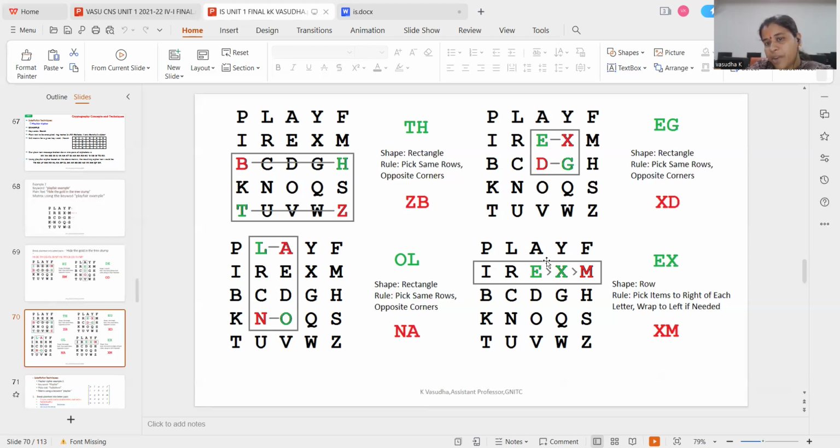If both letters are in the same row, we take the next element. For a column, we also take the next element. The same thing applies for our example now.